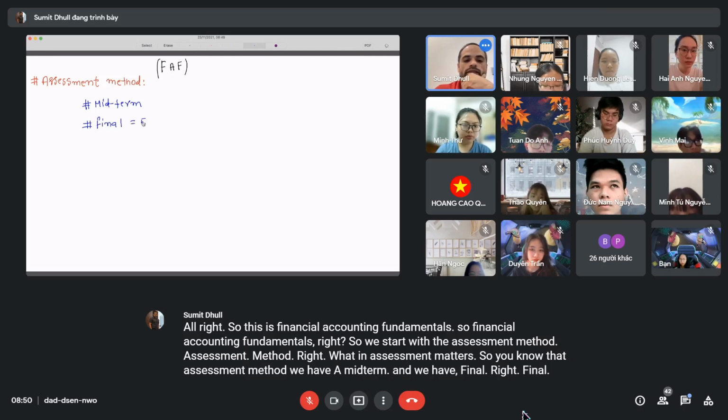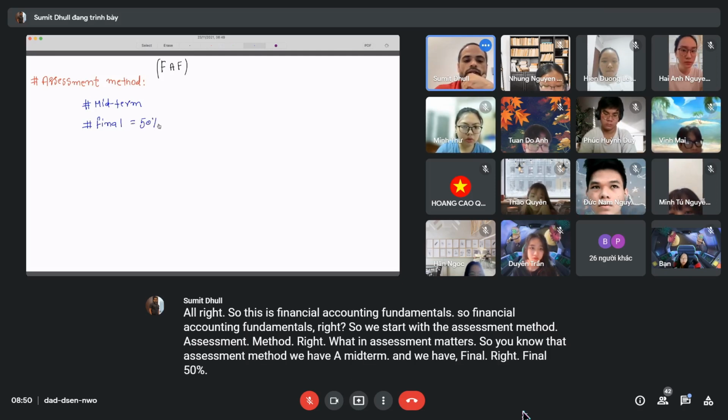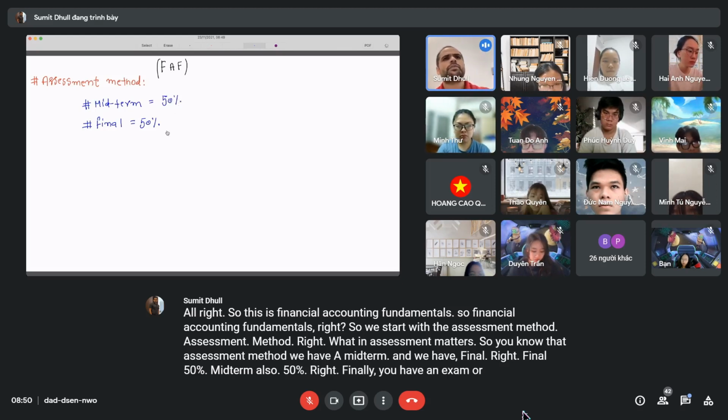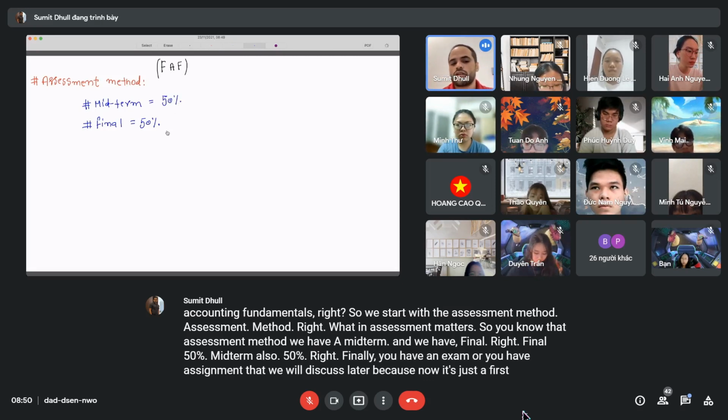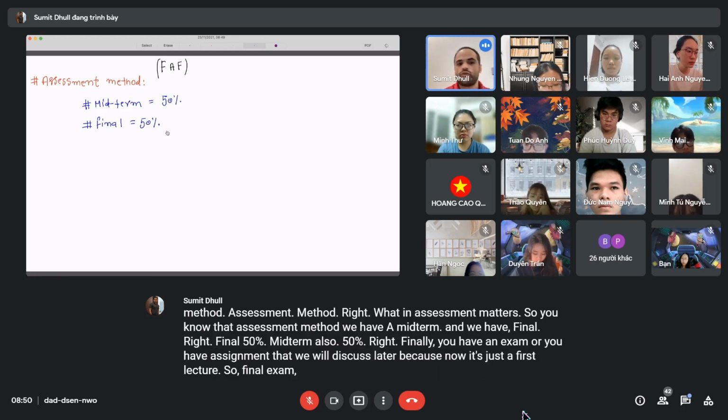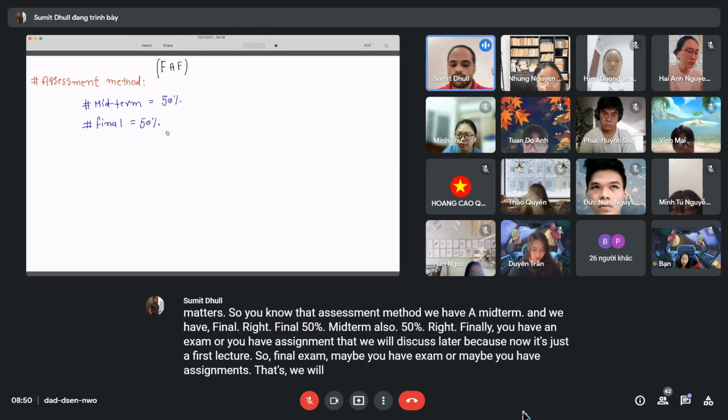Final 50%, midterm also 50%, right? For the final, you have an exam or you have an assignment, which we will discuss later, because now it's just the first lecture. So for the final, maybe you have an exam or maybe you have assignments. We will talk about that later.